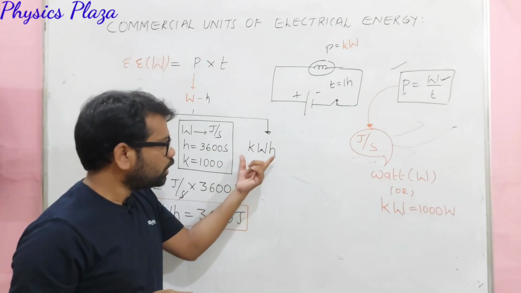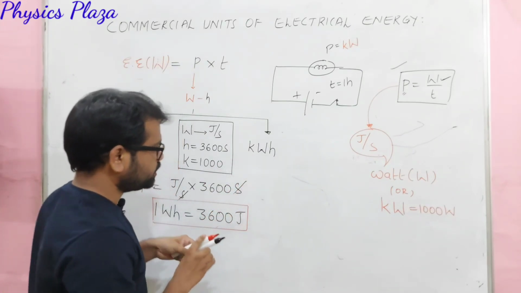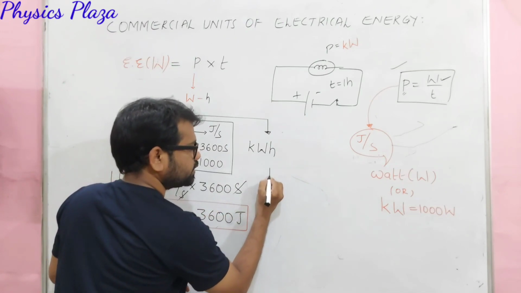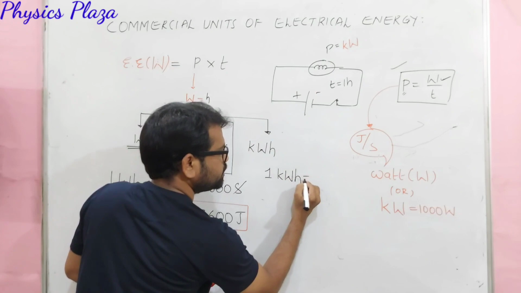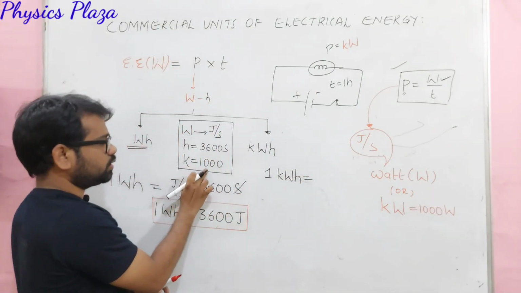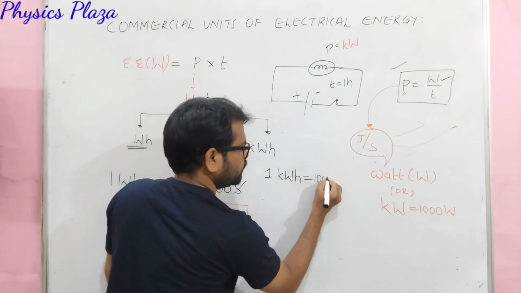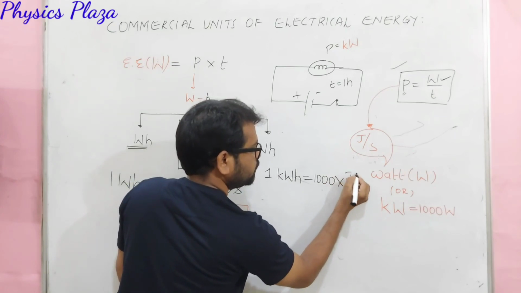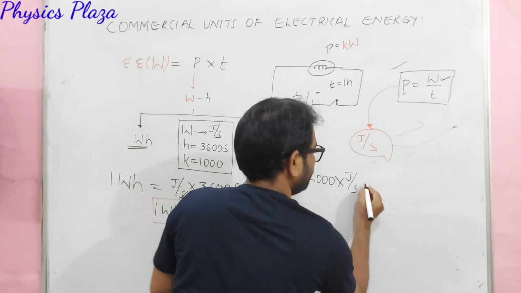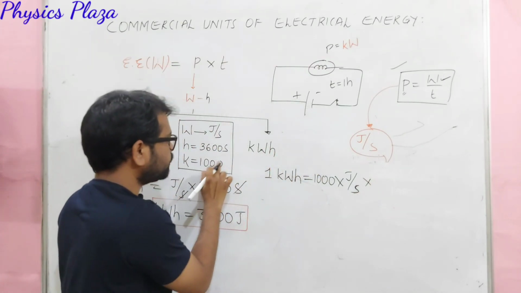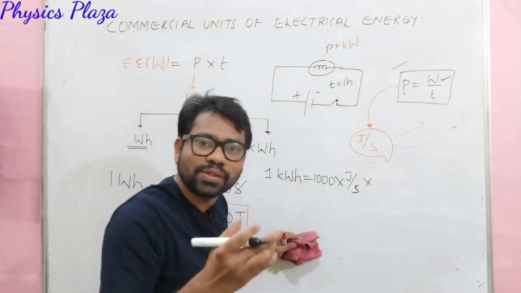Now we'll see how kilowatt hour is related to the joule. Children, 1 kilowatt hour is equal to, kilo means 1000, joule per second, and 1 hour is equal to 3600 seconds.